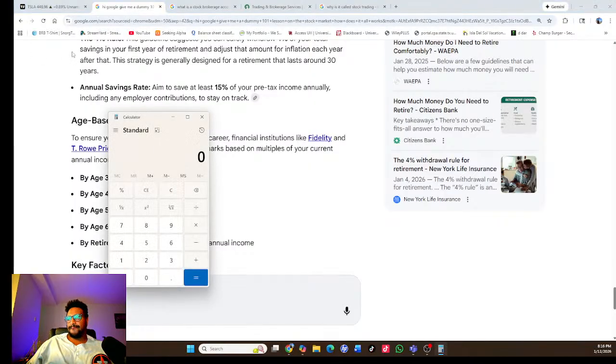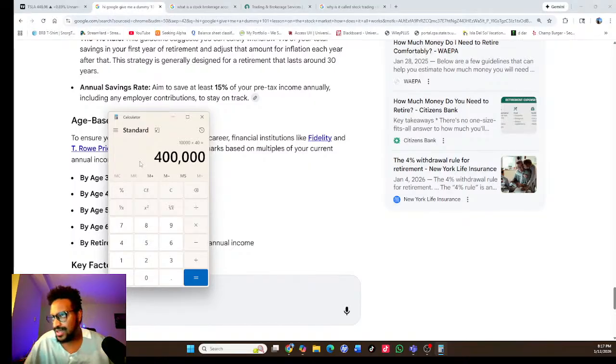If you make $50,000 a year, and let's say you saved 20%, but you just put it in a savings account, and you do that every year for the next 40 years, you'll have $400,000.